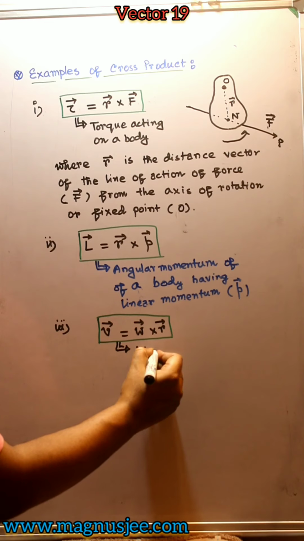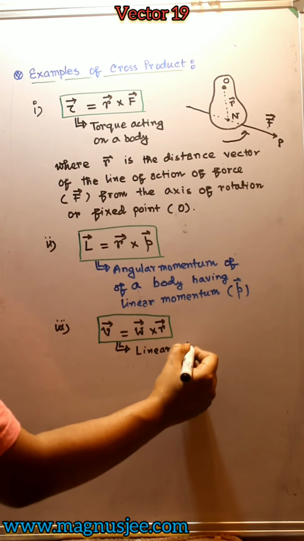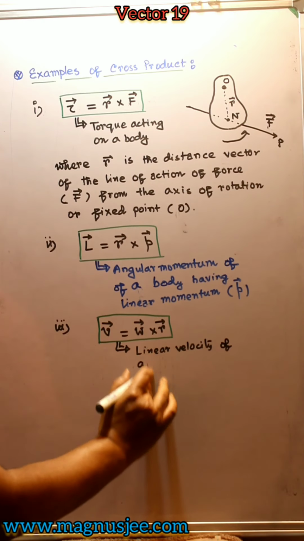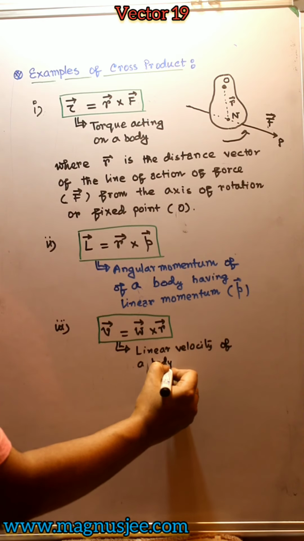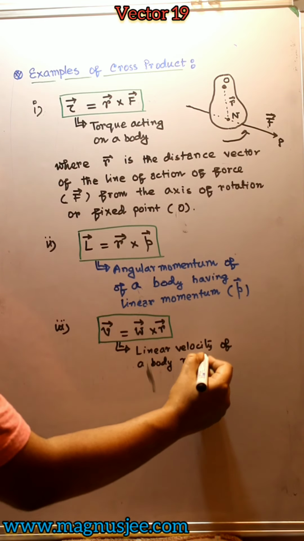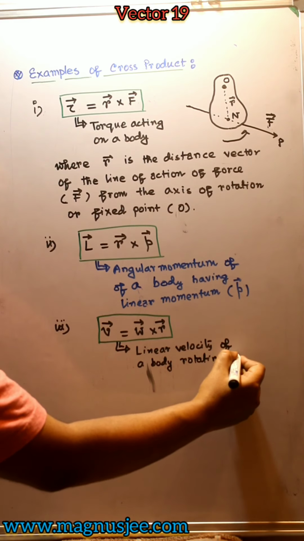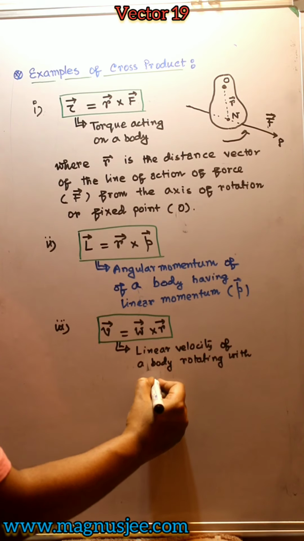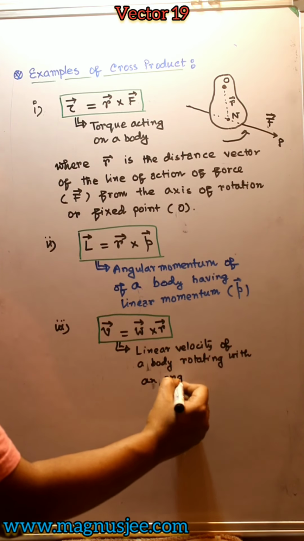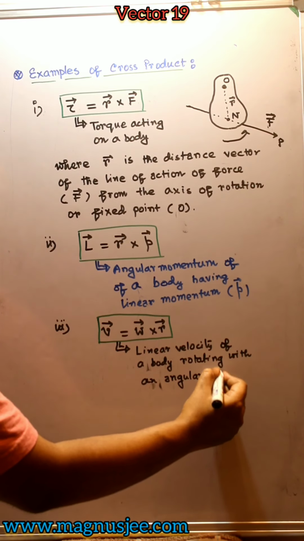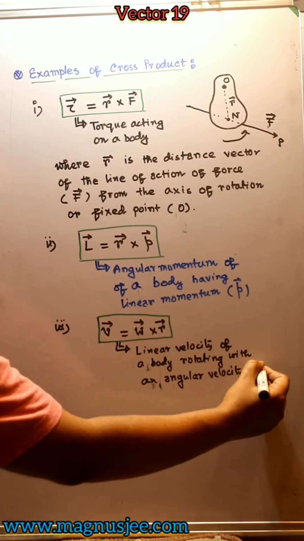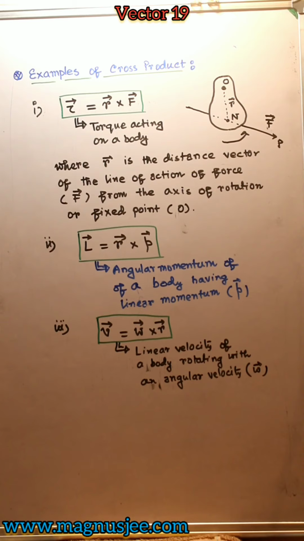This is the linear velocity or tangential velocity of a body rotating about a fixed axis of rotation with angular velocity vector omega. Small w means vector omega, which is angular velocity. And again, vector r is the distance of the line of action of linear velocity from the axis of rotation.